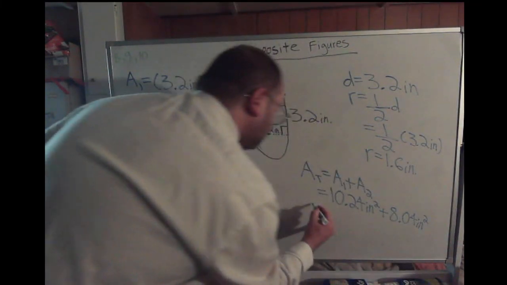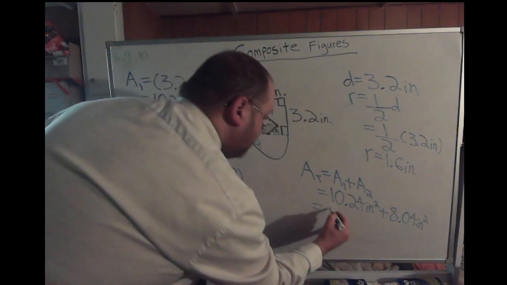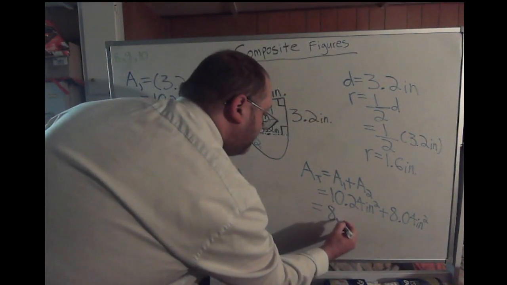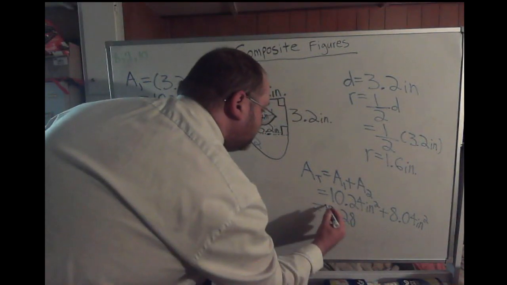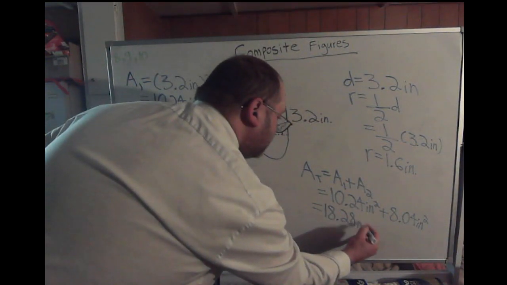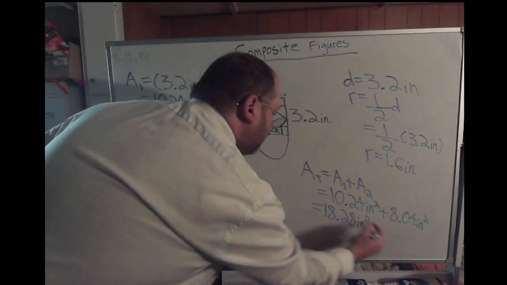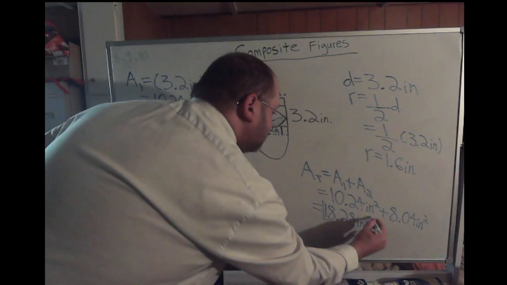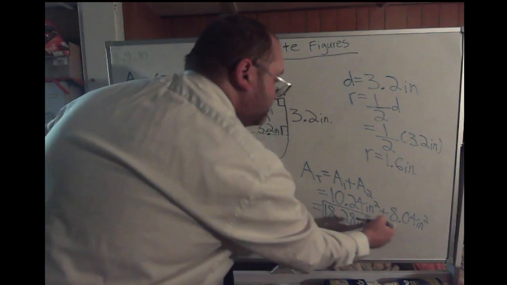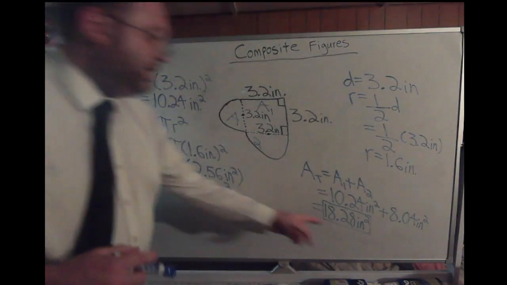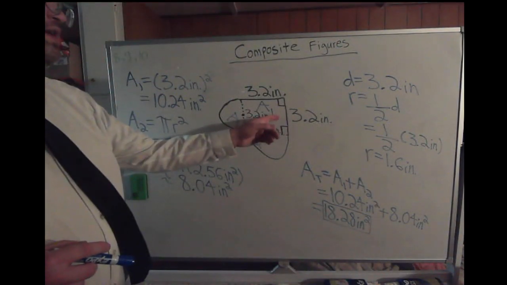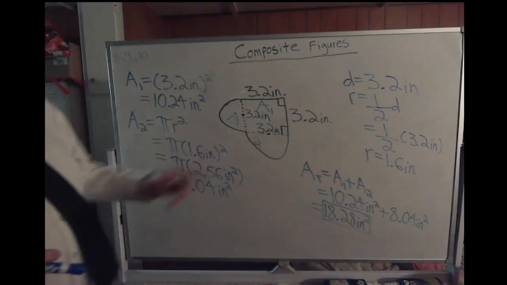So we take these and add them together, you would get 18.28 inches squared. Add the sum of the 10.24 inches squared plus the 8.04 inches squared, you would get 18.28 inches squared for the total area of this composite figure.